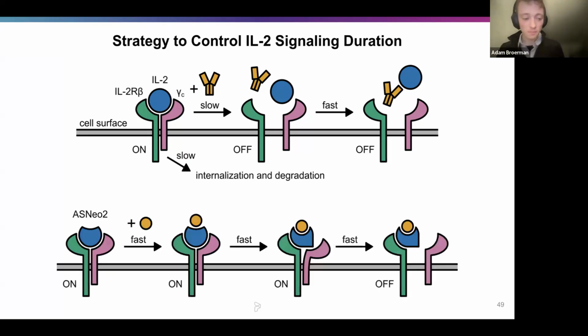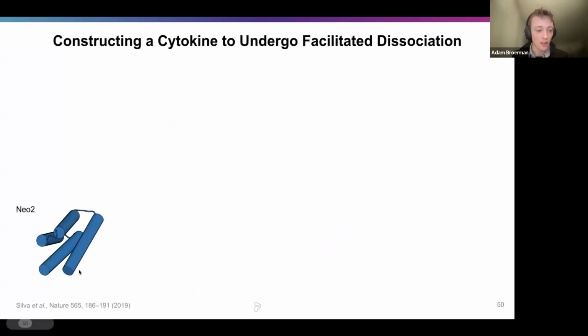So to do this, I wanted to make a switchable version of IL-2, which, much like the previous designs I showed, has this second binding site for the effector, so that the effector could bind, induce a conformational change, which breaks the interaction with one of the receptor chains, leading to dissociation of this receptor complex.